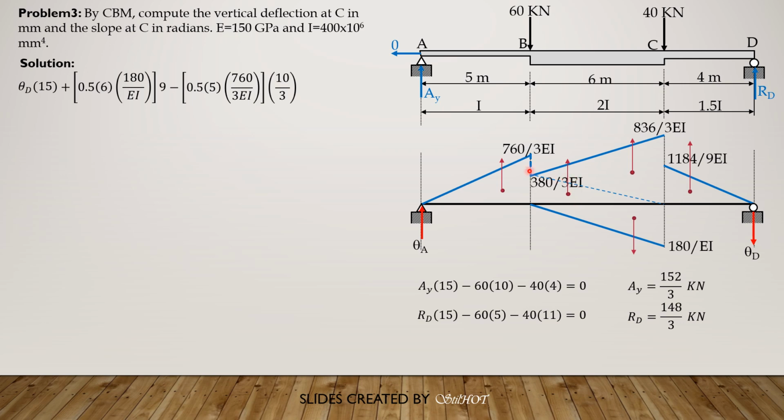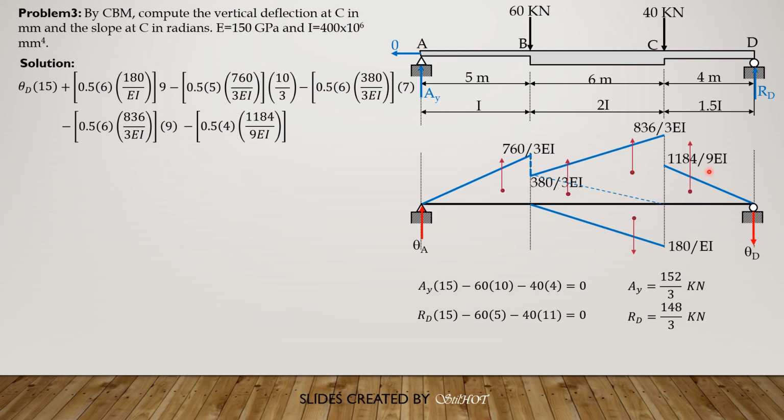Then minus this small triangle here, 0.5 times 6 times 380 over 3 EI times 2 plus 5 is 7. Then minus this, 0.5 times 6 times 836 over 3 EI times moment arm 4 plus 5 is 9. Then finally, minus this load, 0.5 of 4 times 1184 over 9 EI, then 4/3 plus 11 is 37/3 meters. Then equals 0.